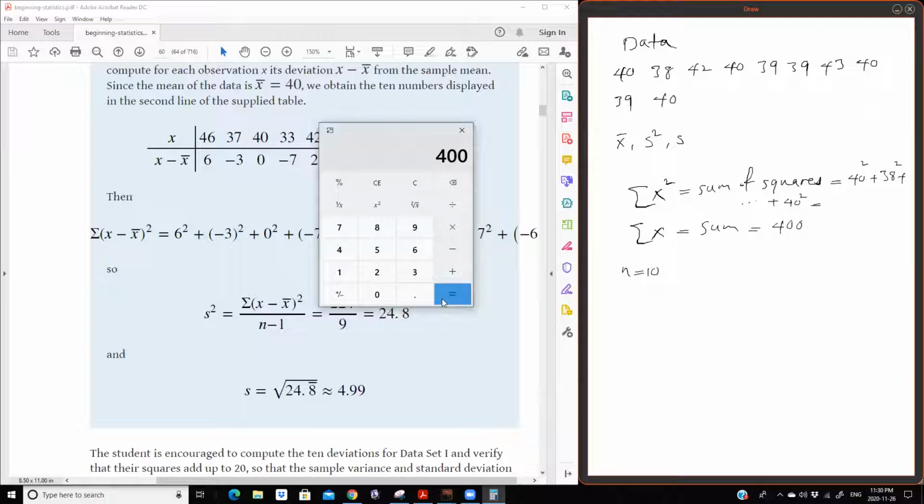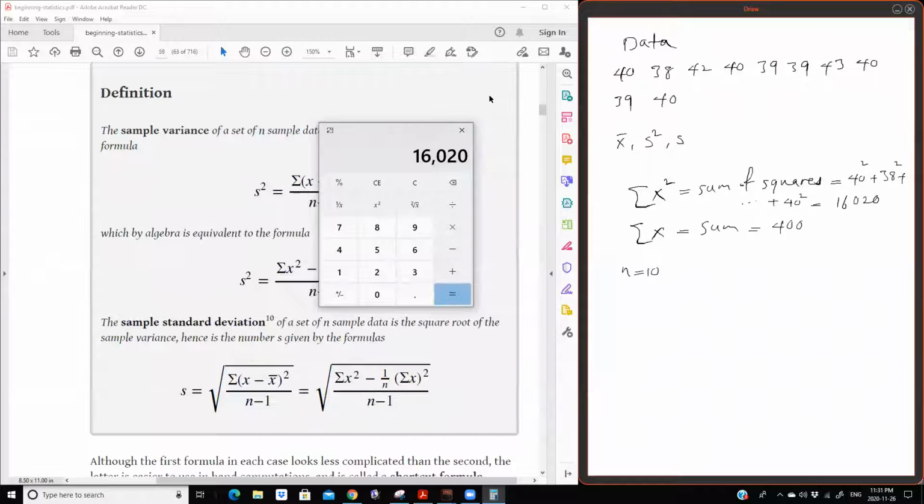So I'm going to do that with this calculator. 40 squared plus 38 squared plus 42 squared plus 40 squared plus 39 squared plus 39 squared plus 43 squared plus 40 squared plus 39 squared plus 40 squared. I get 16,020.